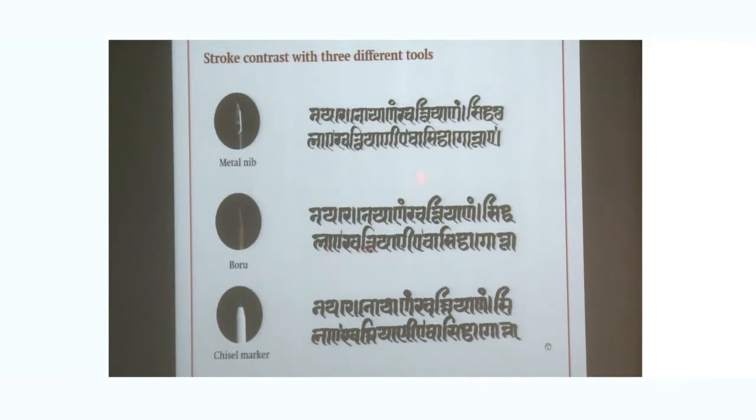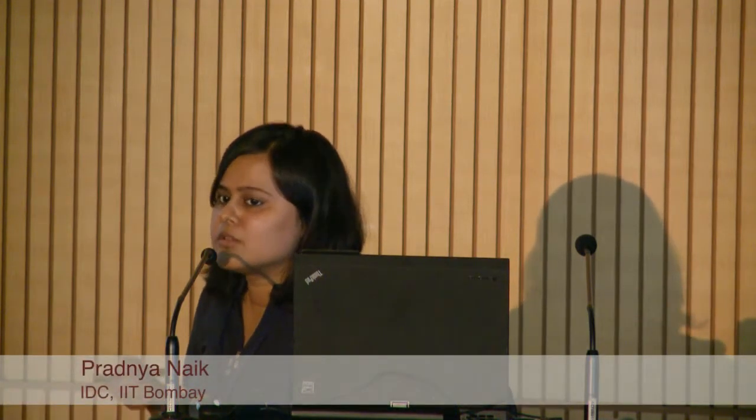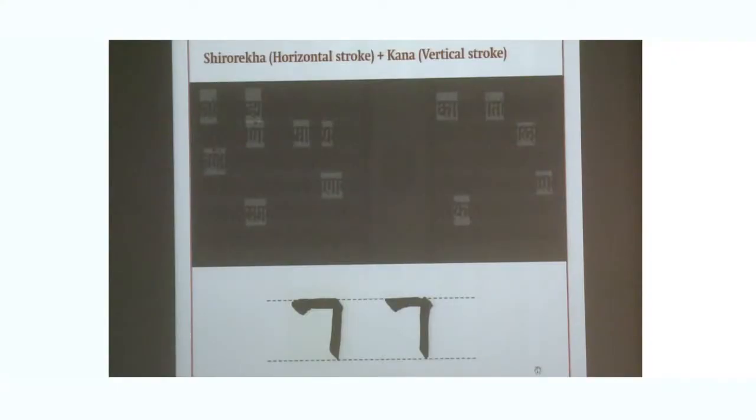If you compare the terminals, this is medium, where the thick part and thin part are quite equal to each other. So we found that if you write this manuscript or Jain style with Boru, it gives you a nice texture for the text.